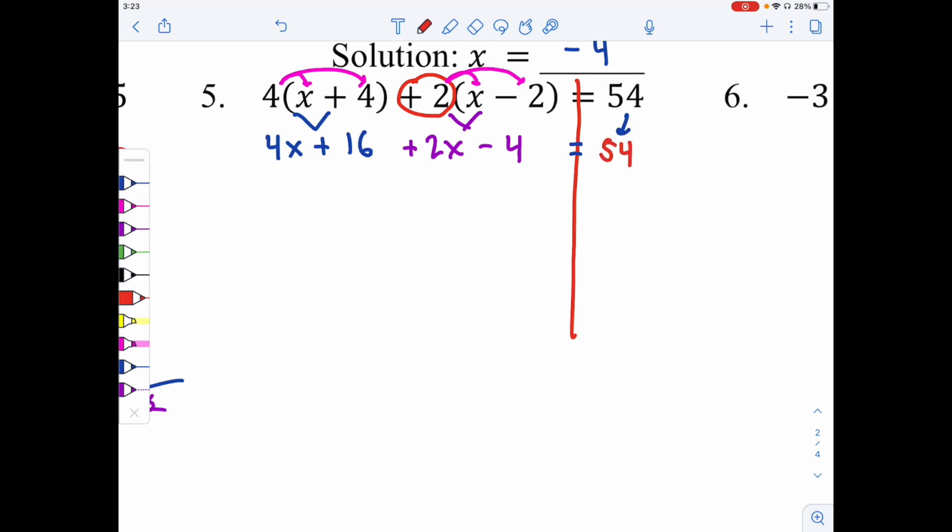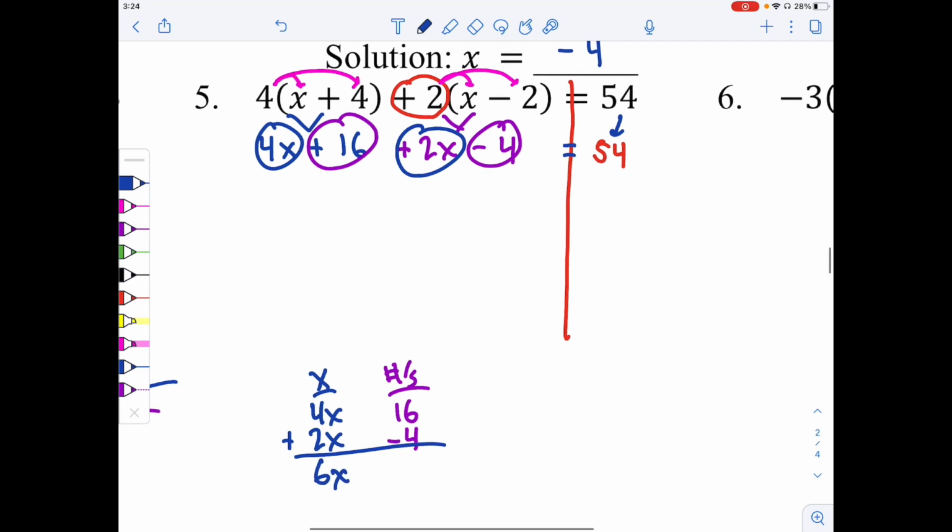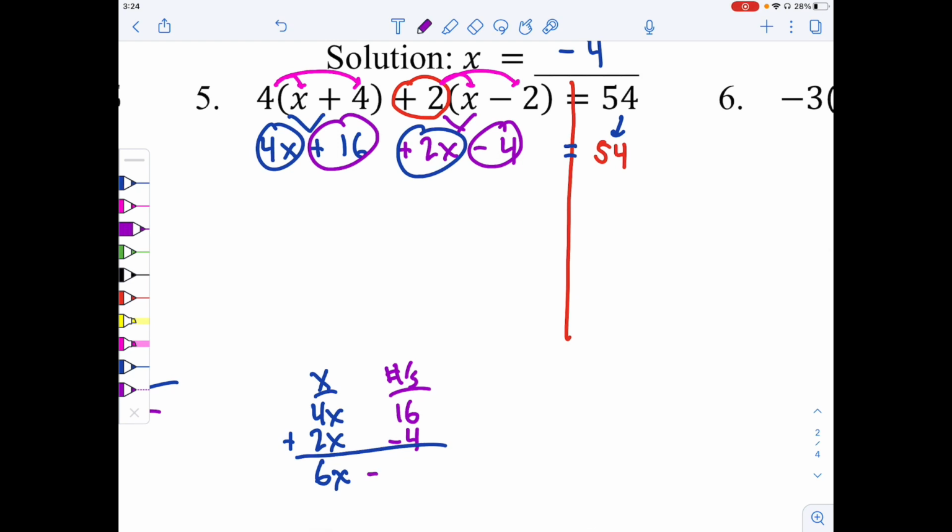Right there. Now we need to combine like terms. So we can use columns or we can see what we're combining. Either way, whatever is easier for you, right? So we have x values, numbers. So we have 4x and 2x. Then we have our numbers, 16 and negative 4. Now we're just going to add these. 4 plus 2, 6 with an x. 16 minus 4, positive 12.